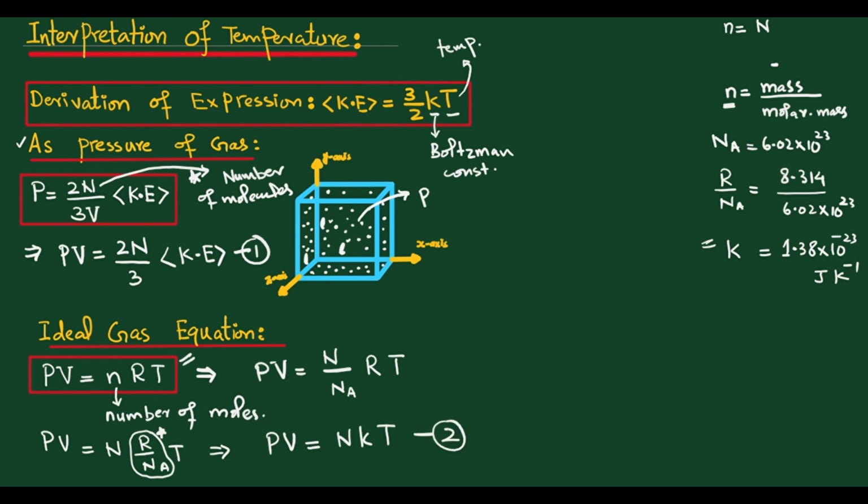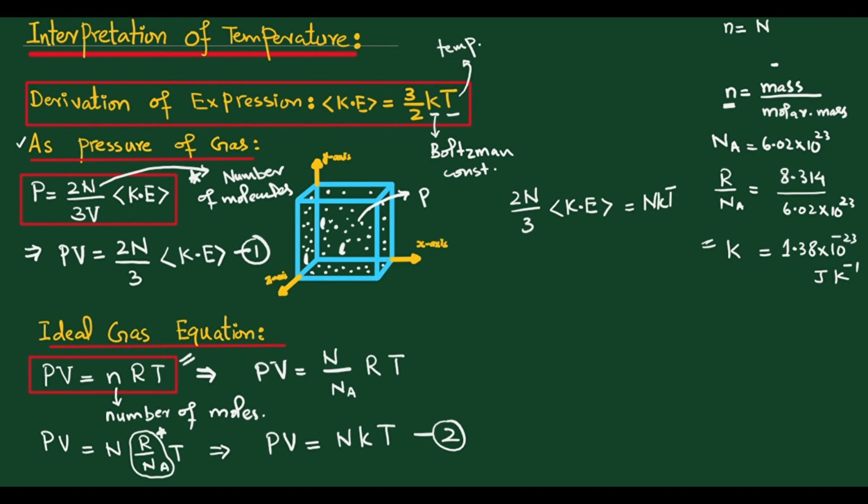If we equate both equations, PV is equal to 2N divided by 3 times the average kinetic energy from the pressure of a gas, and PV is equal to NkT from the ideal gas equation, then we will get 2N divided by 3 times the average kinetic energy is equal to NkT.